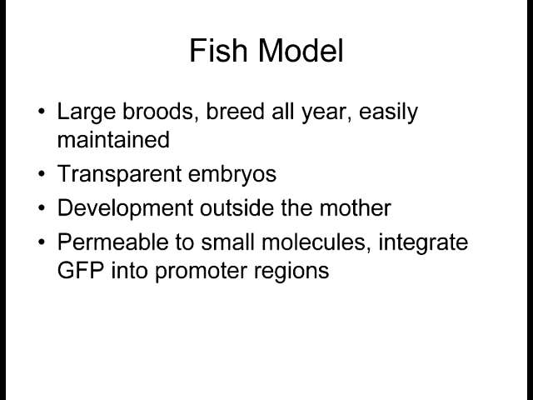One of the nice things about this fish model is the cells are very permeable to some of the lipofectamines and other ways of introducing genetics, recombinant genetics into the cells. So they're great for fate maps, being able to tag them with GFP so we can look at where genes are being expressed. So the fish model's been used substantially because of that.